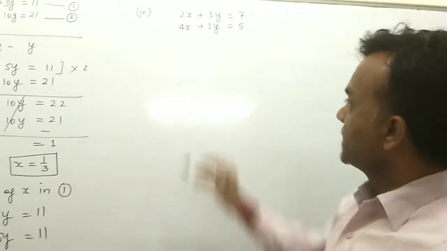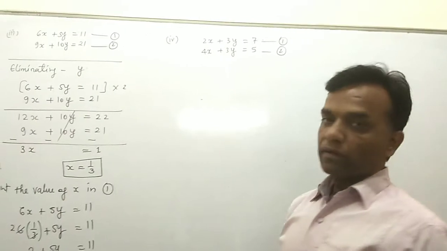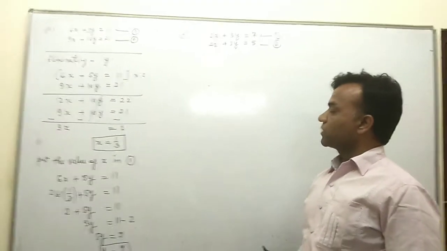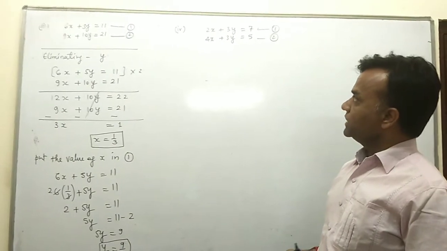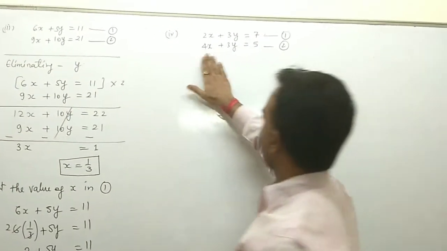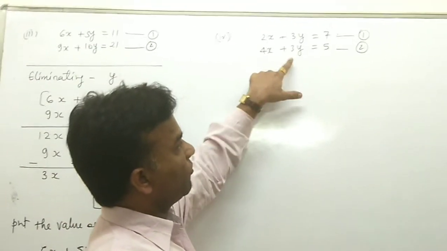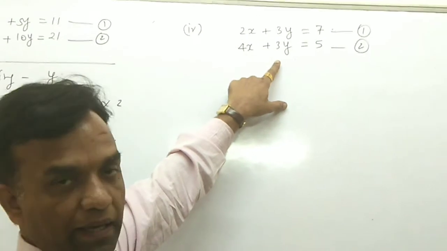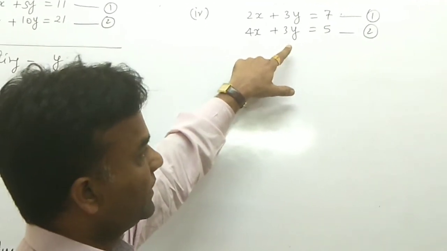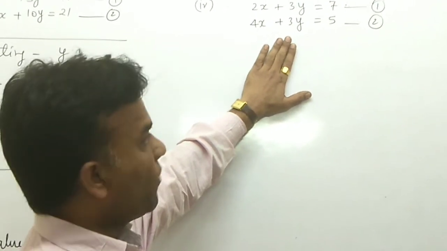So this question has what condition? Now here suppose we want to eliminate the variable x or y. So first you see the coefficients of the variables x and y, and here we find the coefficient of y is the same in both. In the first and second equations they are identical. So now here we eliminate the value of y.